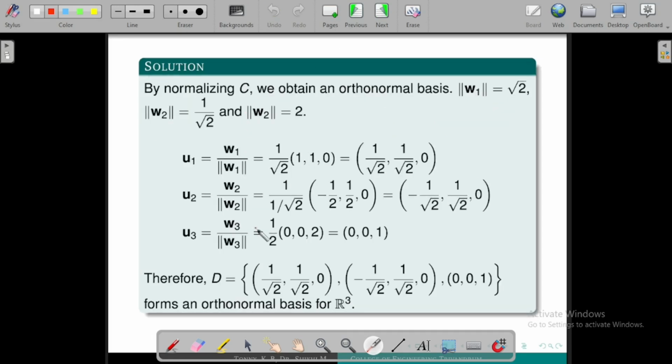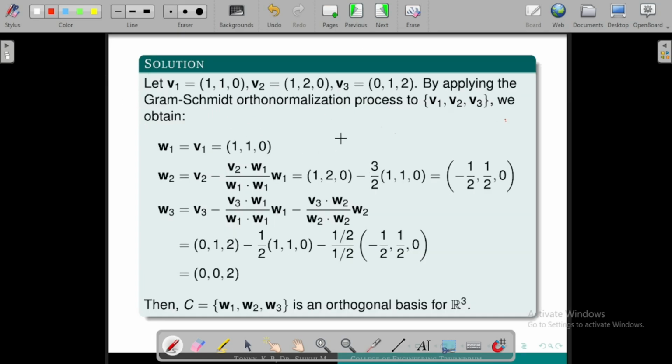Now we will construct an orthonormal basis corresponding to that set. So firstly, calculate the norm of w1, norm of w2 and norm of w3. w1 is (1,1,0). So the norm of w1 becomes the square root of 1 squared plus 1 squared plus 0 squared, that is equal to root 2.